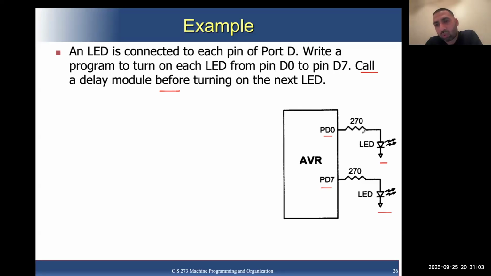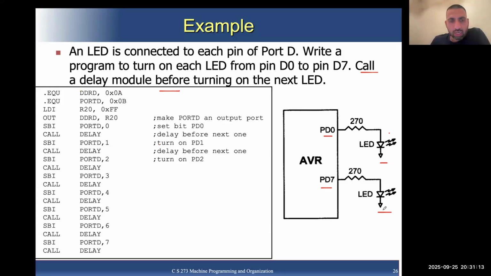So after switching on LED 0, we wait for some time, then we switch on LED 1, then wait, and then LED 2, and so on. How can we do this? Actually, very straightforward.